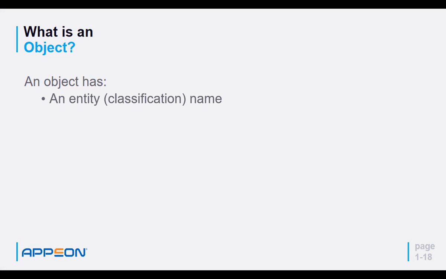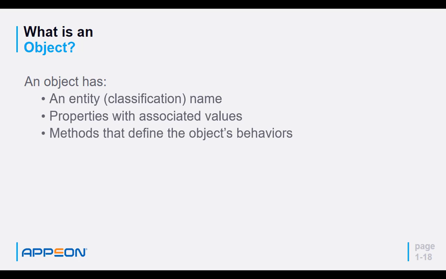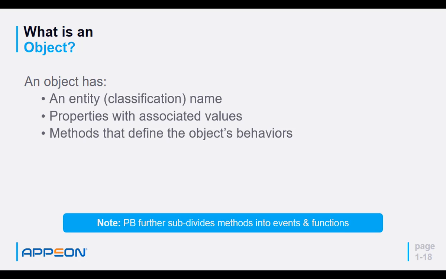And we have to have a look at what is an object. First of all, an object is an entity, and it has a classification or a name. It has properties associated with it, and those properties can have values as well. The object may also come with methods that define a specific object's behaviors. We're going to have a look at how PowerBuilder further divides those into events and functions.